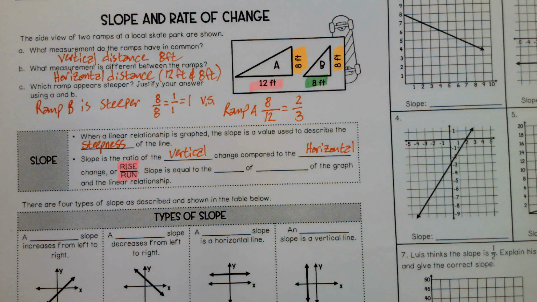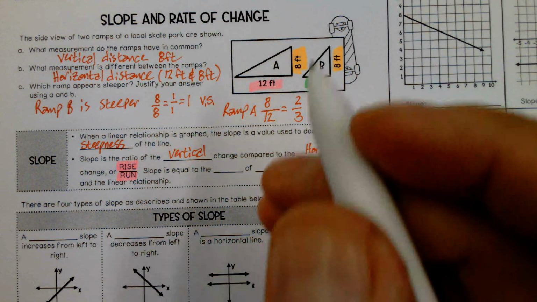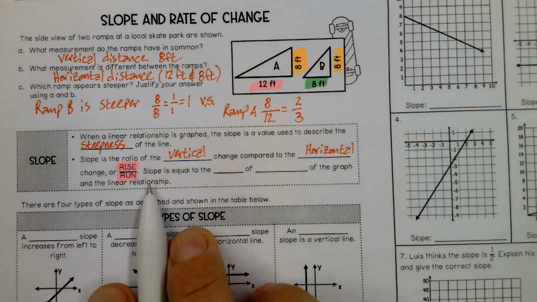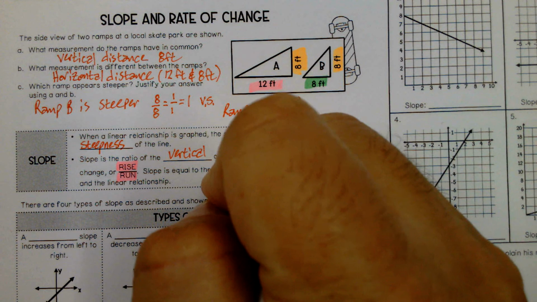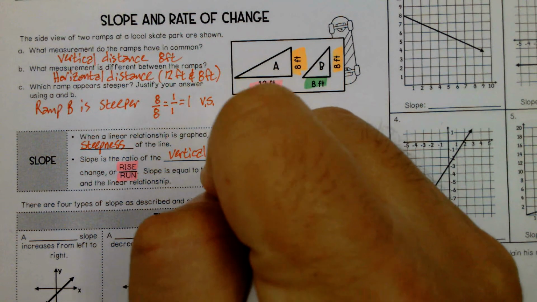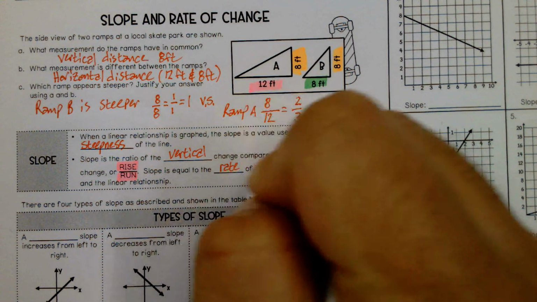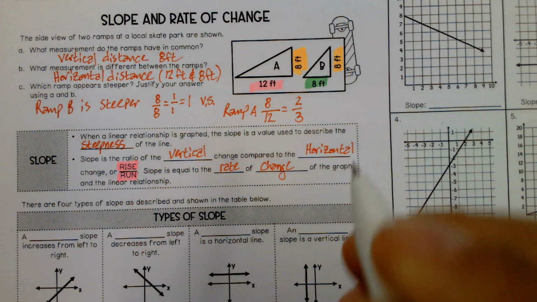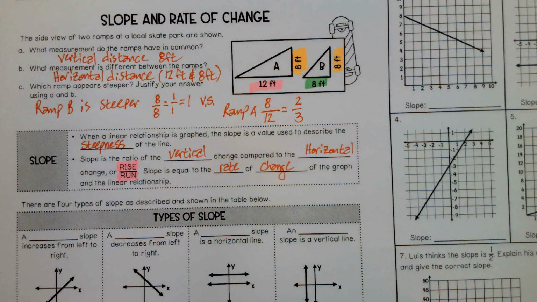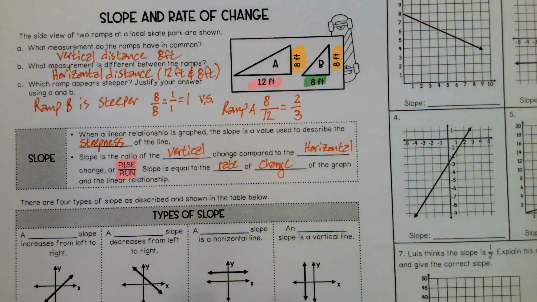So basically the slope is equal to the rate of change. Last year we did a lot of work with rates of change, but it's a rate of change of the graph and the linear relationship.